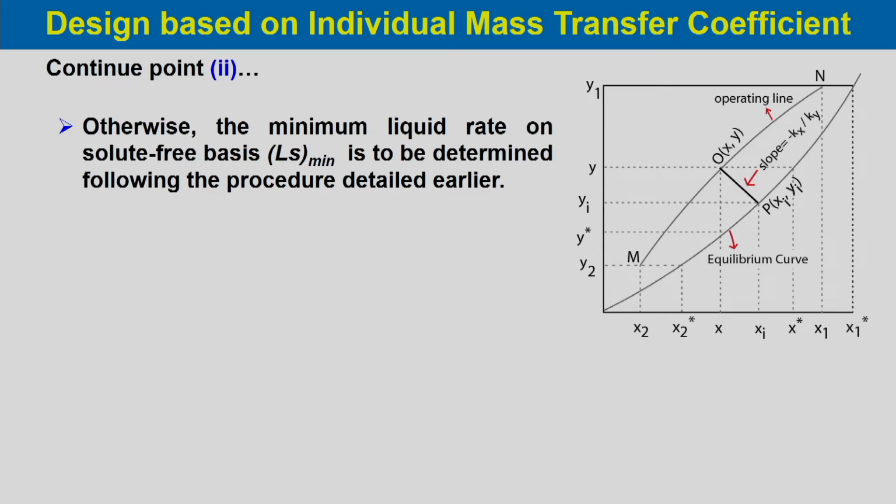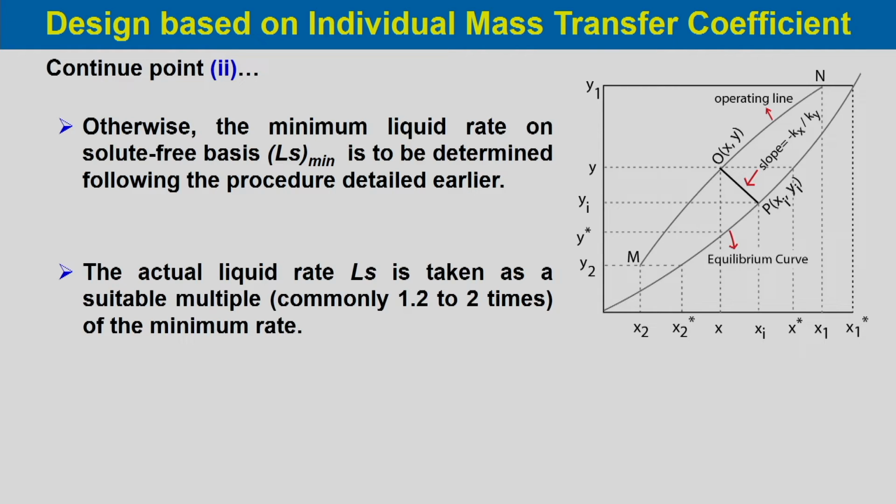That means, if L is known, that is fine. If it is not known, then we have to find out the pinch point through the slope of the operating line, and calculate the minimum liquid flow rate, and then the actual liquid flow rate should be taken as a suitable multiple, which will vary between 1.5 to 2 times the minimum rate.